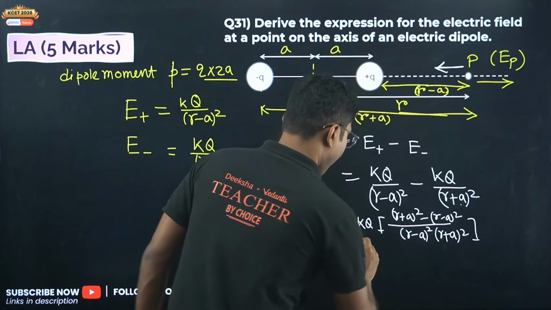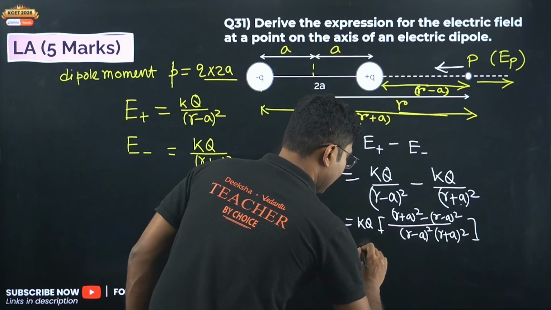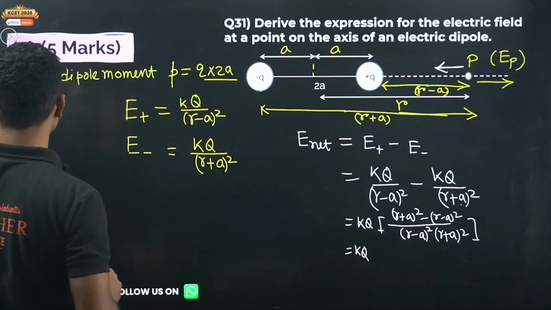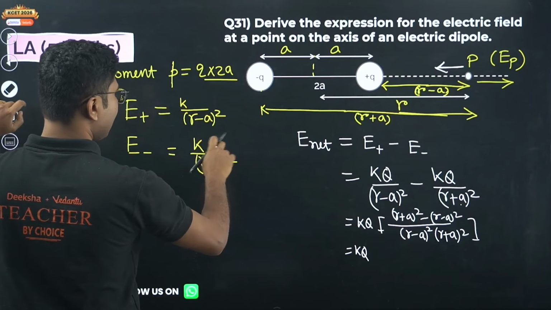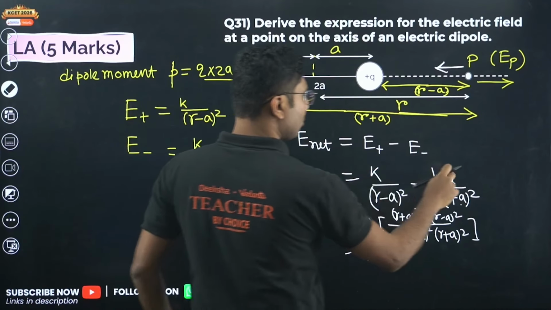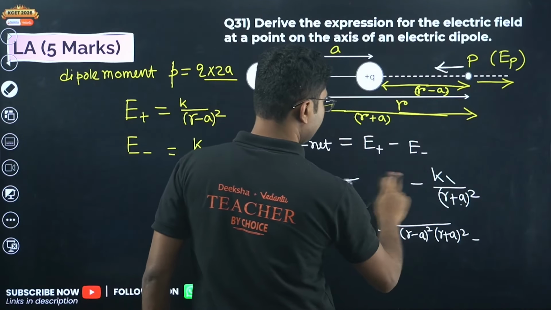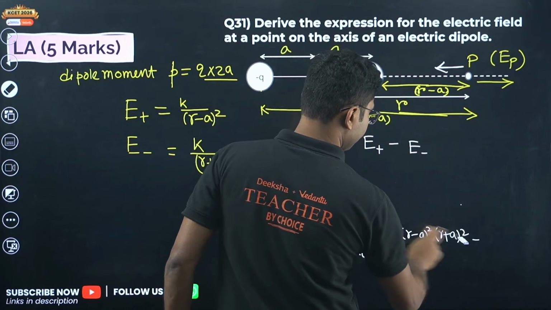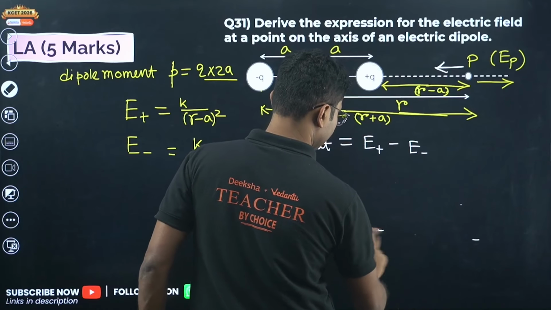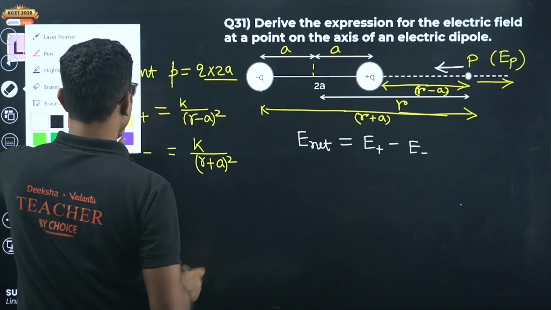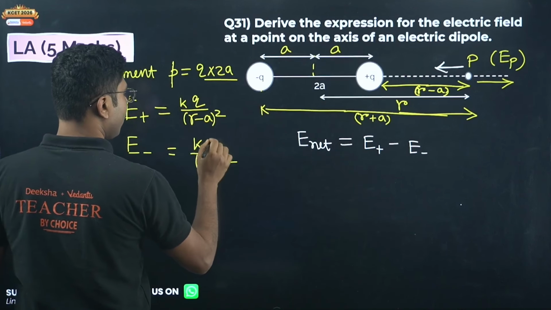That will be given by KQ. And one more mistake I made, not mistake I will say, this Q is smaller in this question. So let me erase this and rewrite it once, so that there is no confusion. So this is small q, small q.